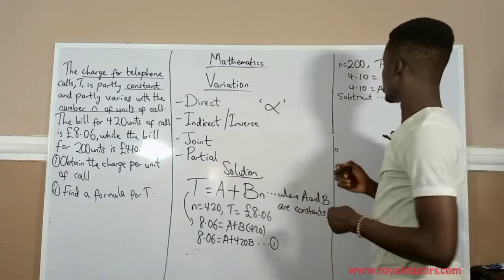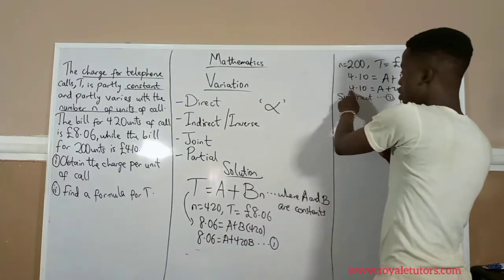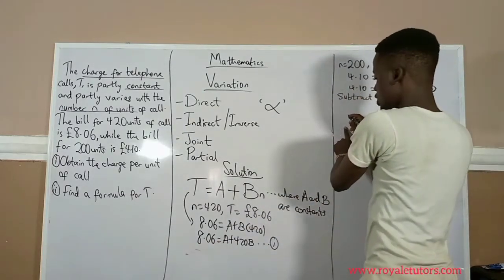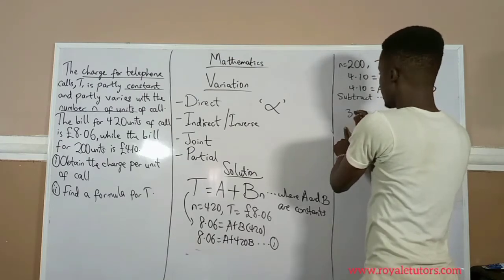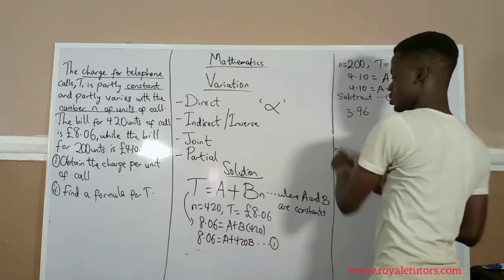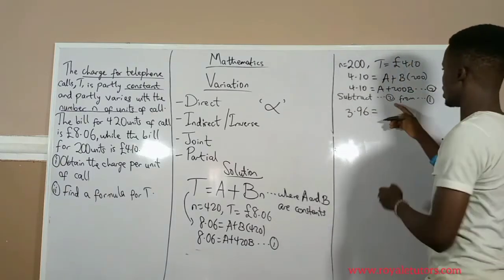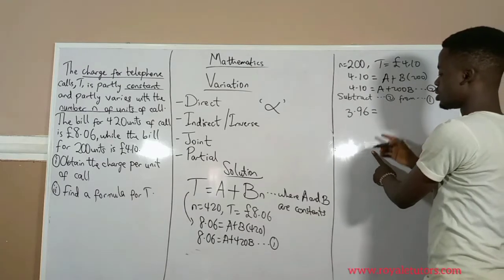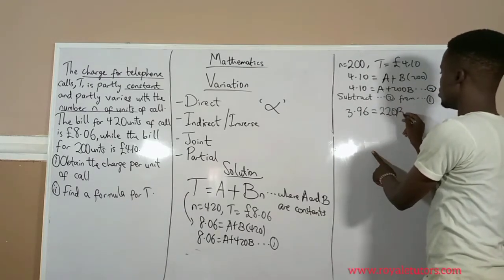Subtracting equation 2 from equation 1, you'll be doing 8.06 minus 4.10, and that's going to give us 3.96. Yeah, 3.96 is equal to A minus A will be 0, while 420 minus 200 will be 220B.